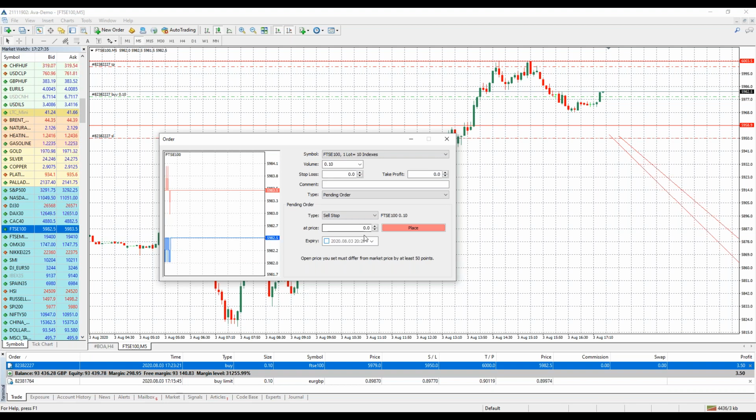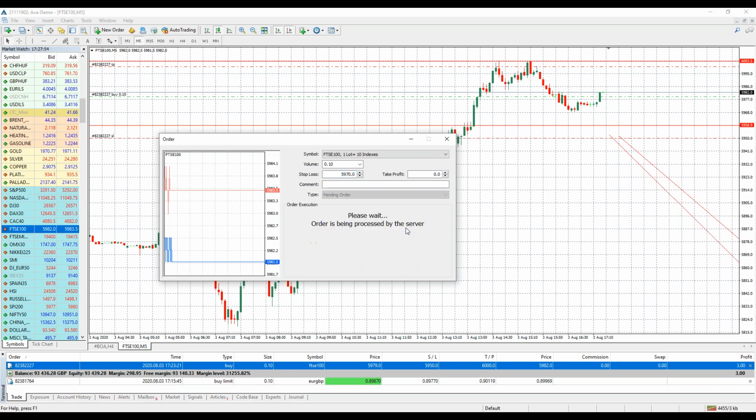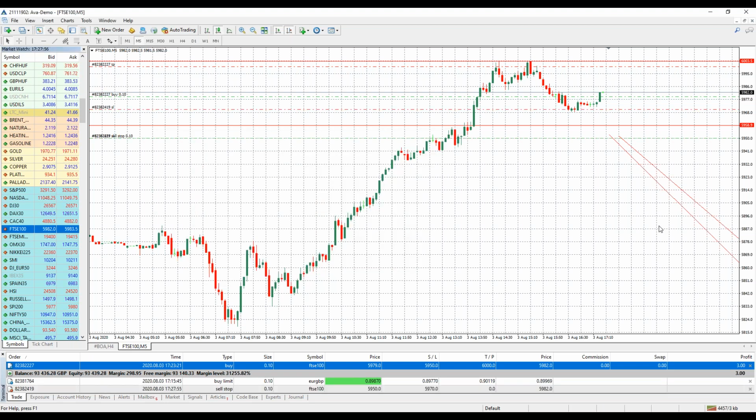So then I would say at price 59.50, sell, and my stop loss would be if it came back above that level, back above that support, at maybe 59.70. And you could pick whatever spot you want for your take profit, right? So there, now I have a backup sell stop in case my buy position goes bad. It'll trigger a sell position if it breaks that support level.